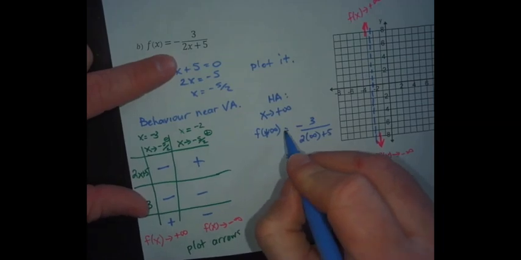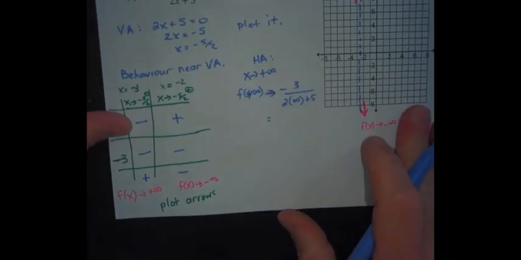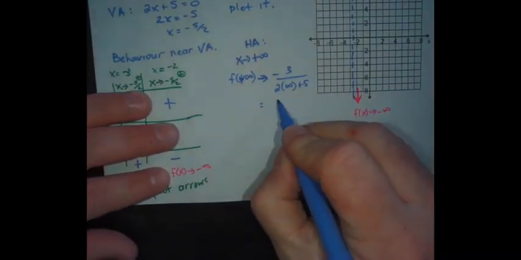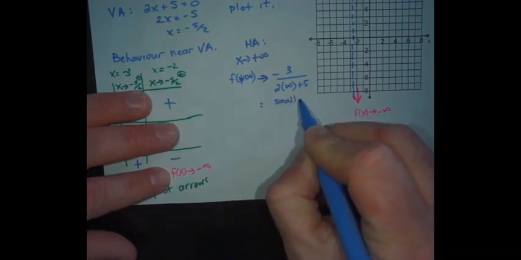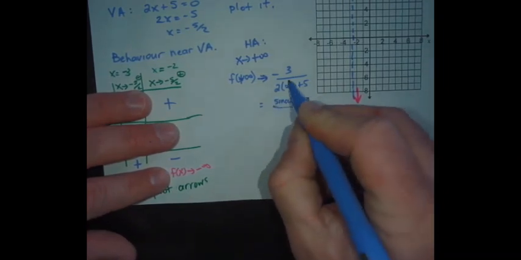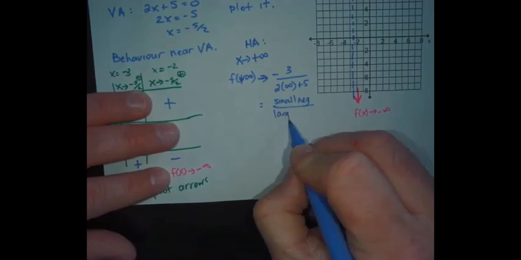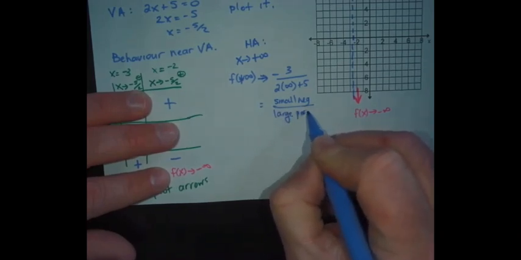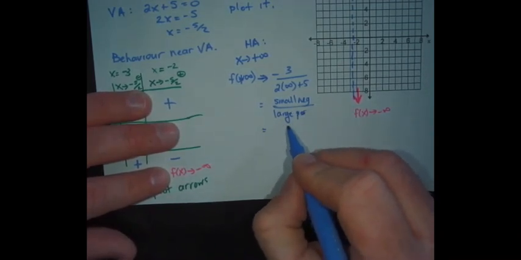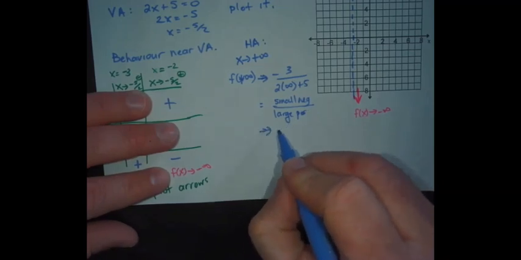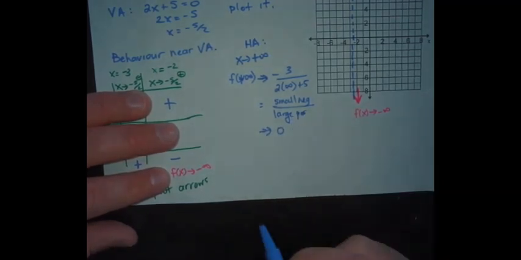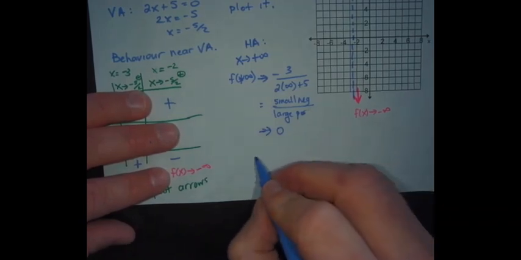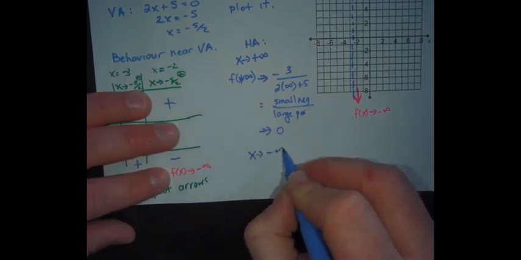So we're looking at what happens. This is a small negative, and that is a large positive, so that is approaching 0 because the denominator is very large. Same way as negative infinity.